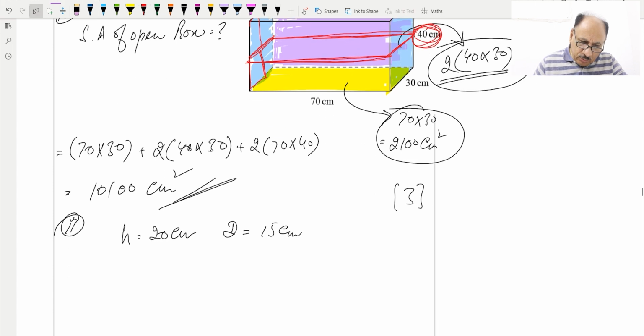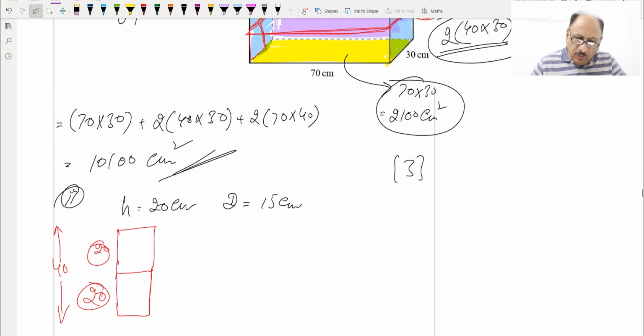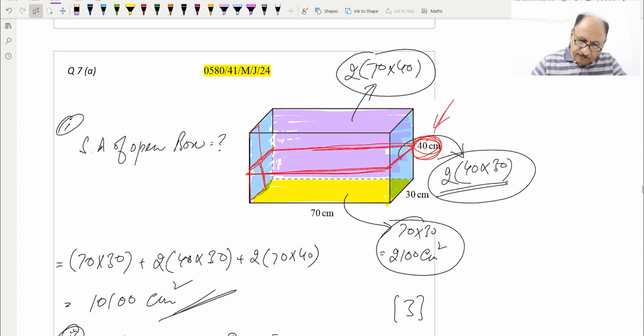So exactly two cylinders stacked, 20 plus 20 will be 40. So 40 is the maximum height for that box which we have shown over here.